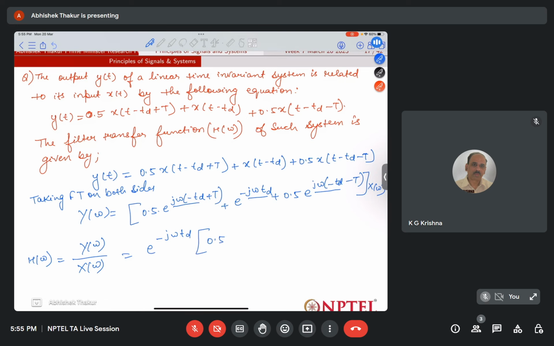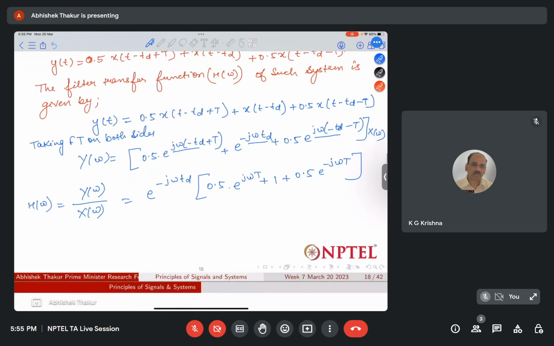So we'll get 0.5 into e to the power of j omega T plus 1 plus 0.5 into e to the power of minus j omega T. Now we can write this as e to the power minus j omega td, with 0.5 as 1 by 2, and this term we know is cos of omega T.